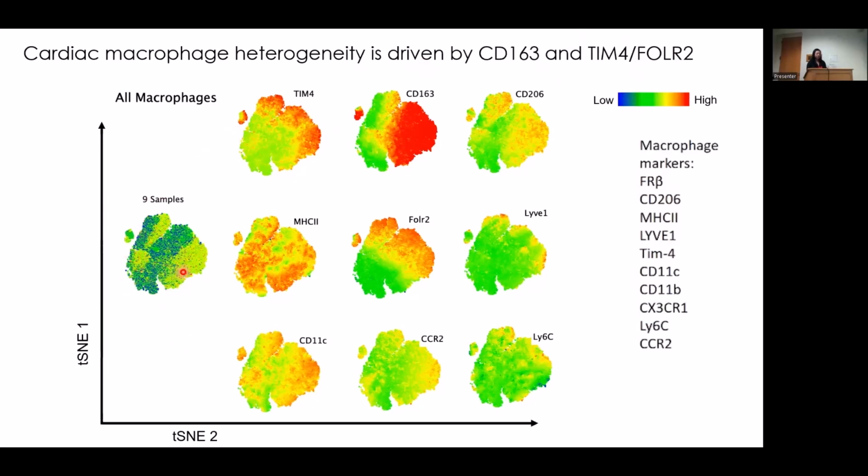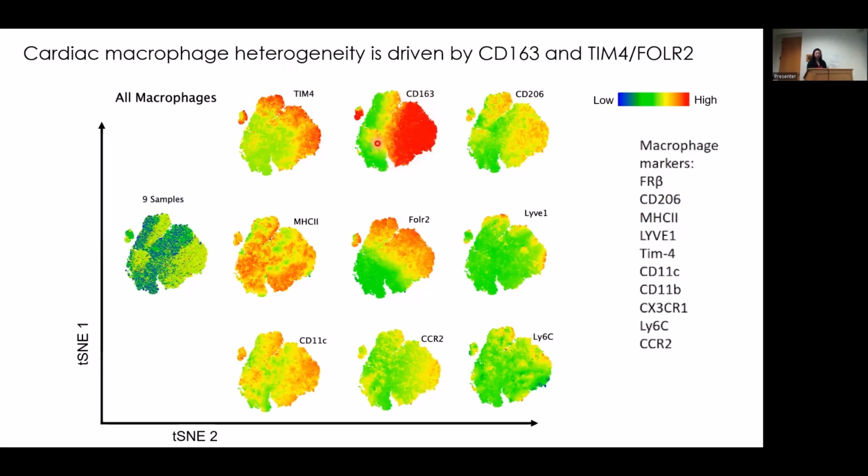What I've seen is that in these mouse models of bleomycin, you can get a really interesting separation between the TIM4 and folate receptor 2 expressing macrophages, which is highly expressed in these red cells here.